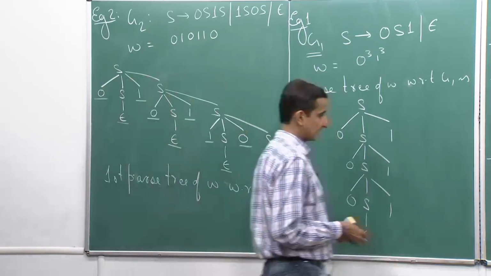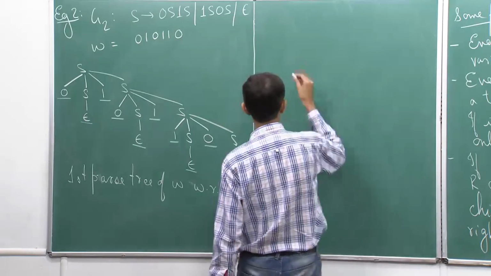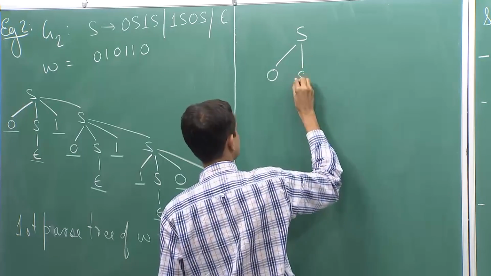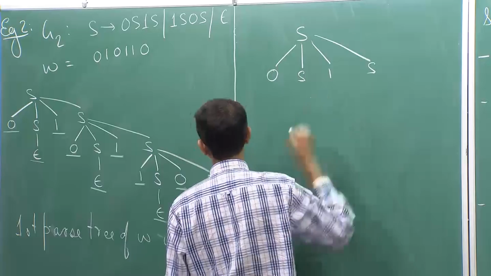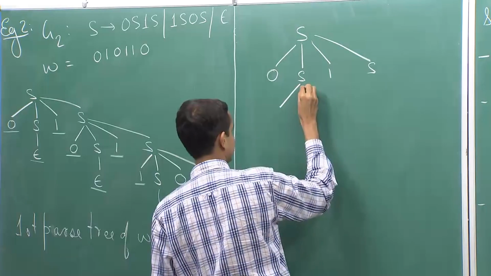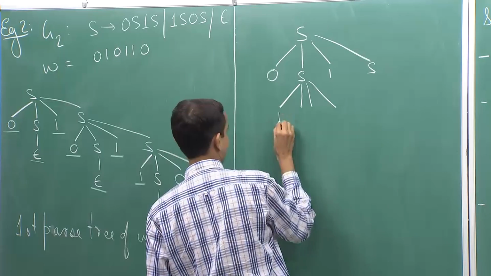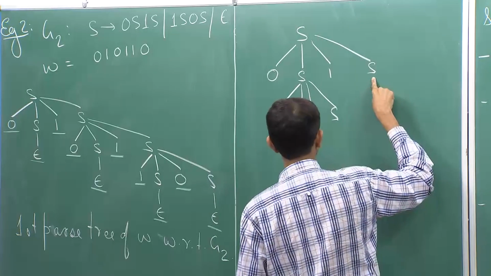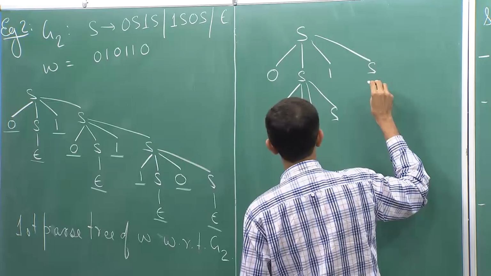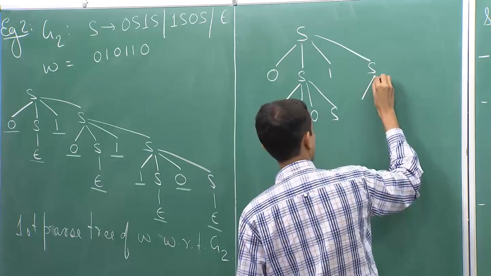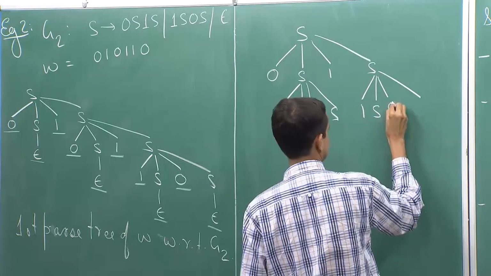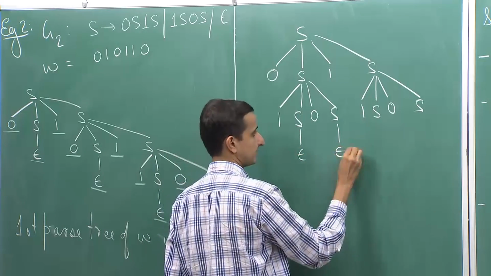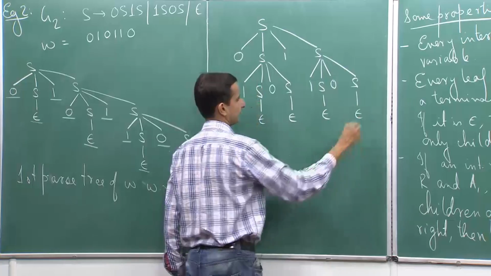We can also have another parse tree for W. So, first I replace S with 0 S 1 S. I replace this S with 1 S 0 S, and I replace this S with again 1 S 0 S, and now I replace these S's with epsilon, S going to epsilon, S going to epsilon, S going to epsilon, and S going to epsilon.